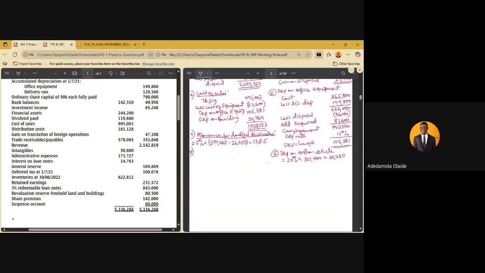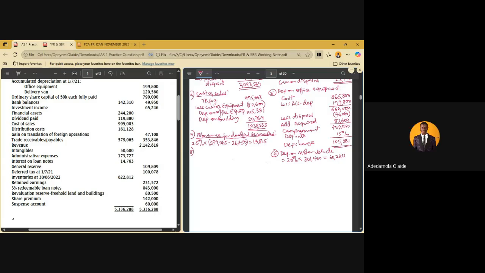It is a reduction to allowance, and we treat it as an income because the earlier allowance we charged, we treated as an expense. So it's just like we are recovering part of the excess expenses we had charged. Why this 13,815 is still what we'll use to reduce our receivables when we get to the statement of financial position. Is it clear now?